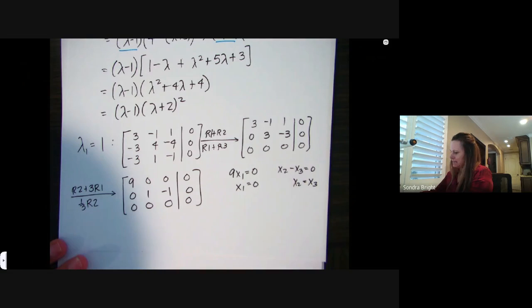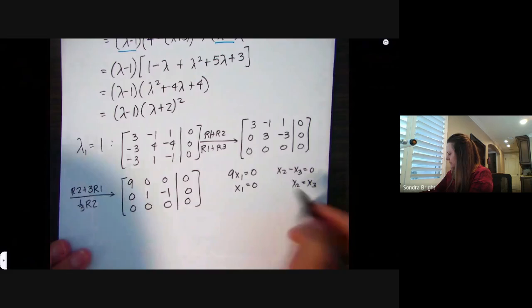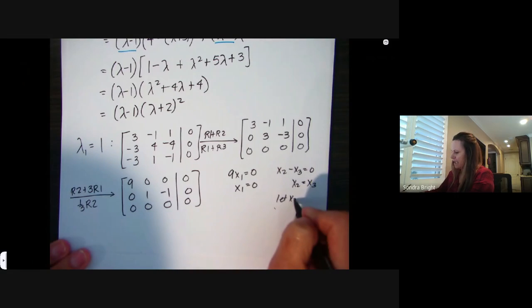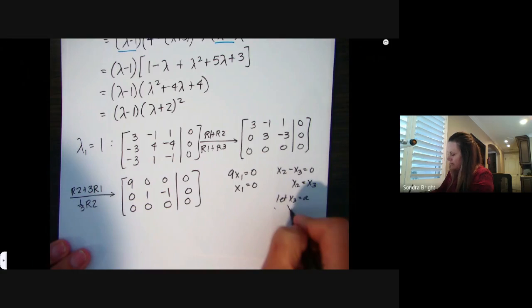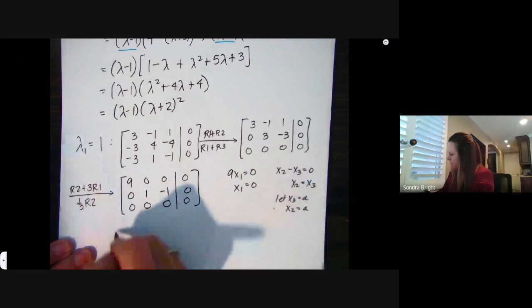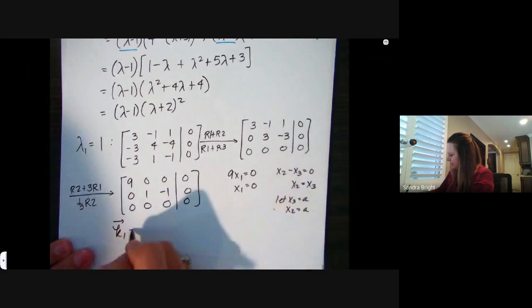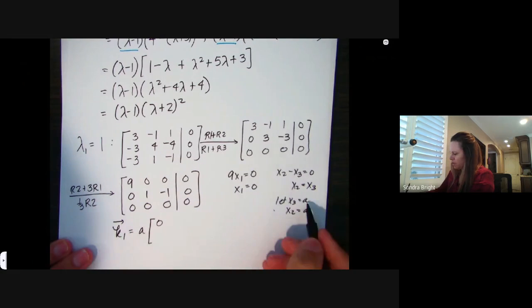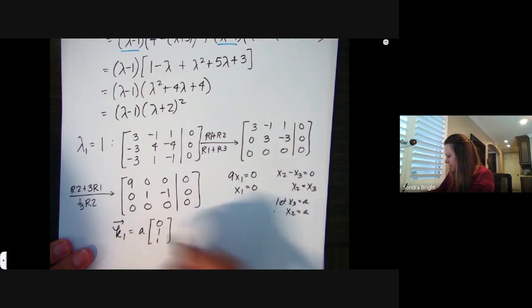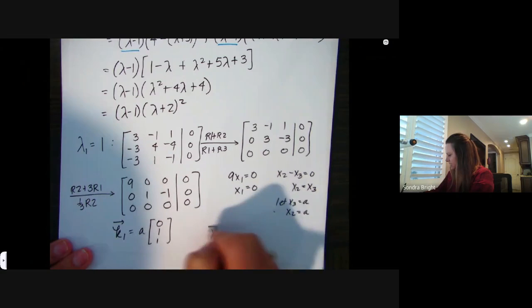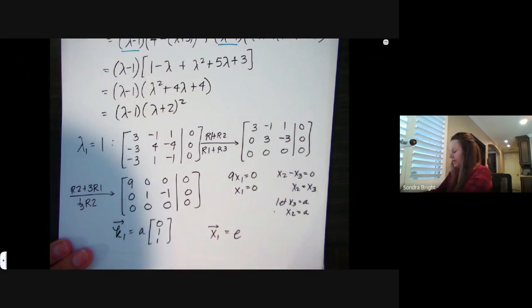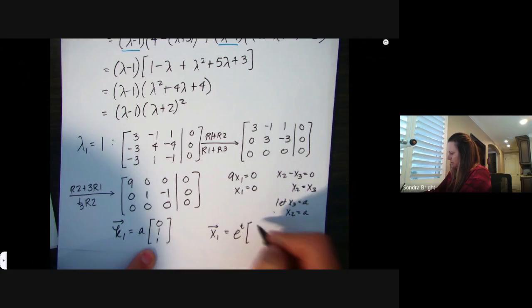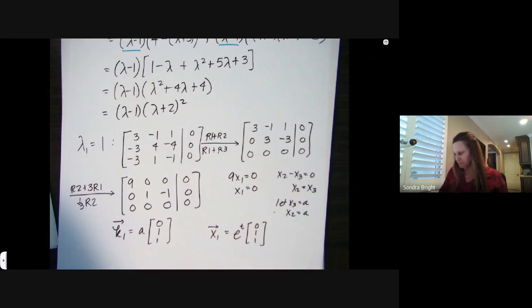So I would let x3 equal a, and then x2 is also equal to a, so that your first eigenvector would be a times, we got 0 here, and a 1 and a 1, which means that your first solution is e to the 1t times this eigenvector. All right, we got one solution.